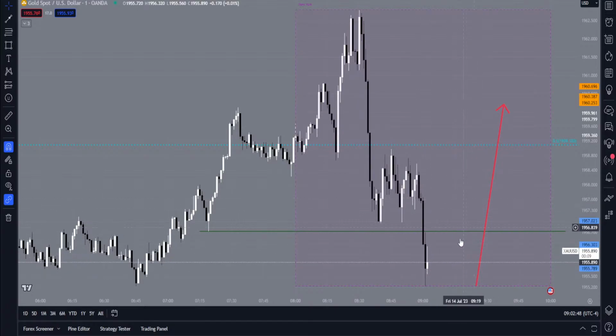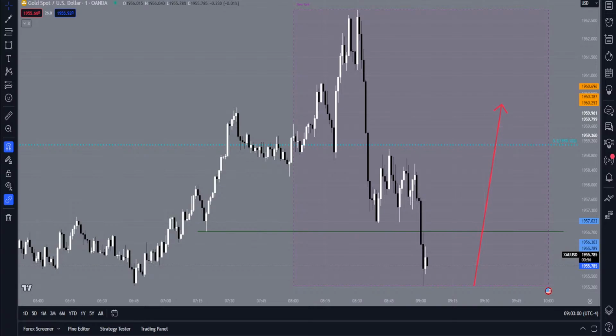Doesn't look like this will be the trade yet. Yeah, it's reversing. Okay.